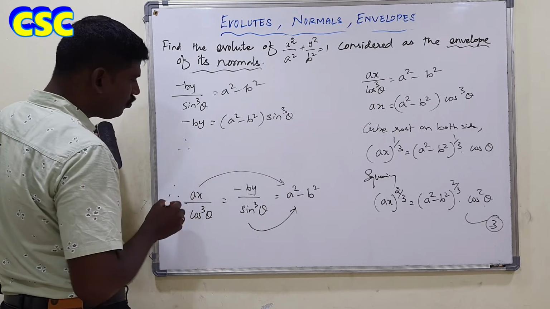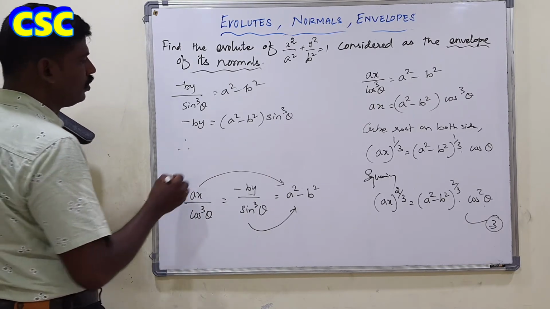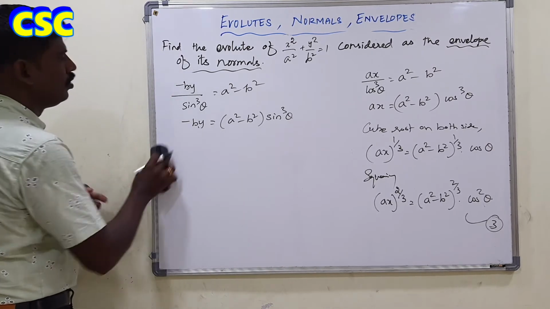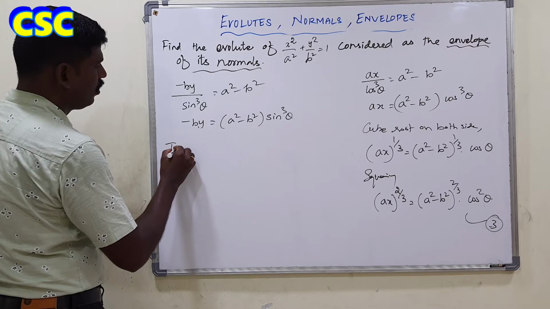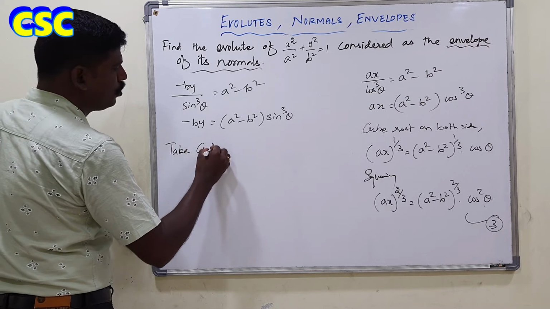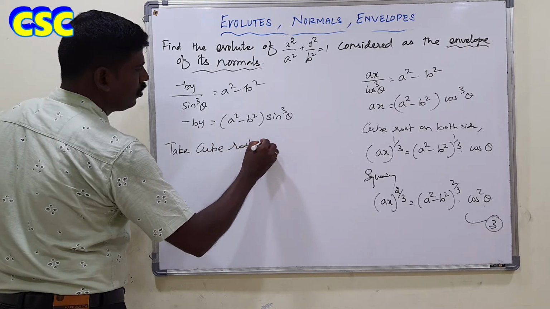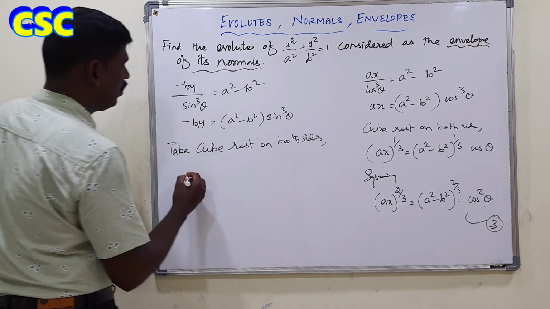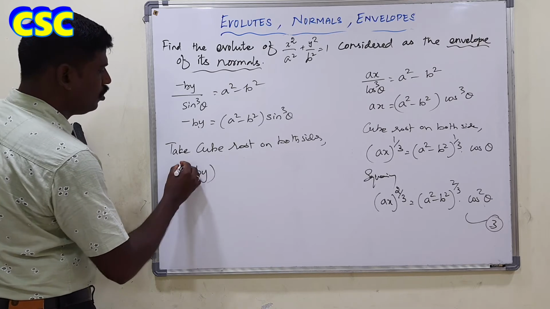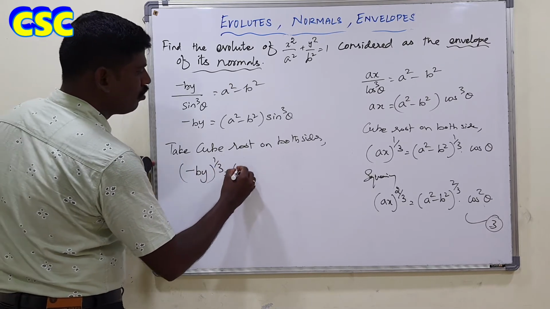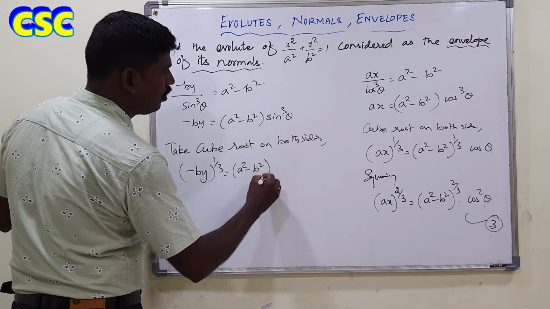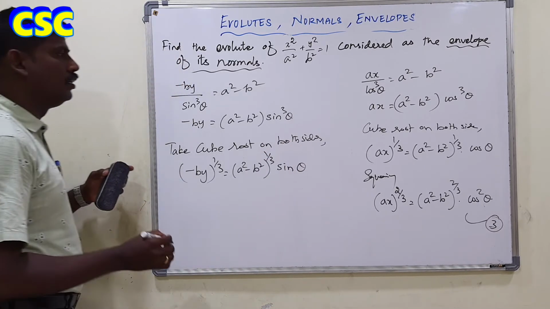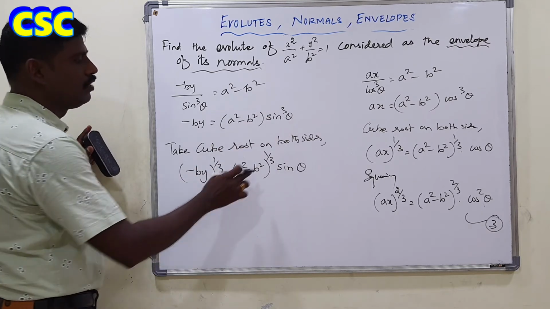Therefore, taking the cube root on both sides, minus by to the power 1 by 3 is equal to a square minus b square to the power 1 by 3 into sin theta. This 3 will be cancelled with this 1 by 3.